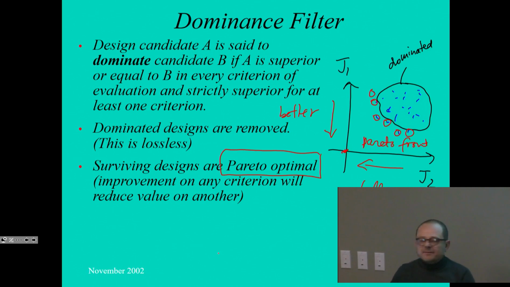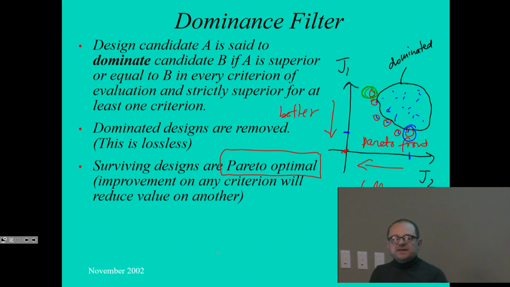If I choose the design that has the best fuel economy, it also has the worst acceleration, the biggest time from 0 to 60. On the other hand, if I go in the opposite direction, I find this design, which has the lowest value of criterion J1, but the highest value of criterion J2.